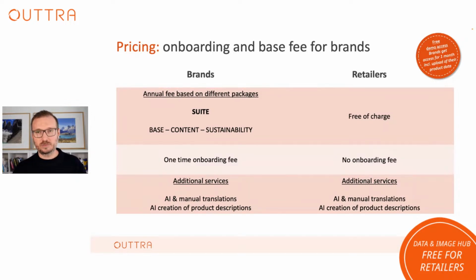And we have the sustainability package, which will be active end of this year, where we include the SDEX questionnaire. And all together is our Data and Image Hub suite. So this is all in all the suite which includes all of the packages. And this suite is for sure much cheaper than if you would take the packages on their own.